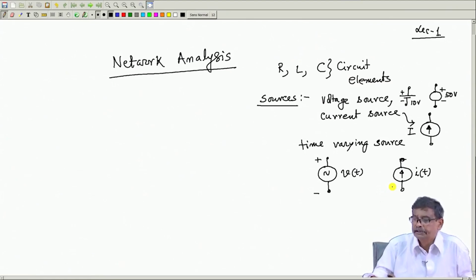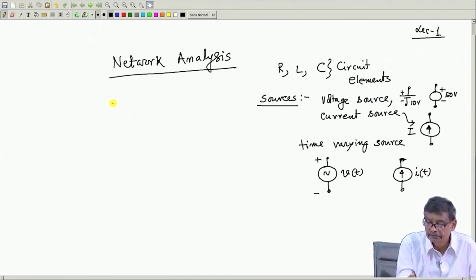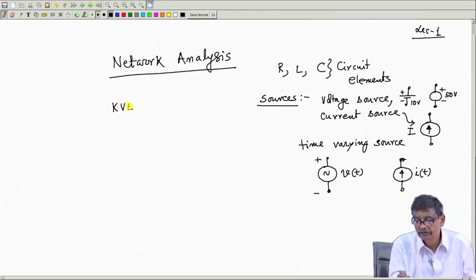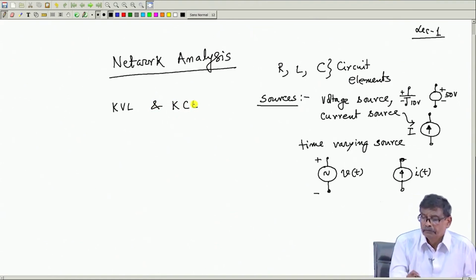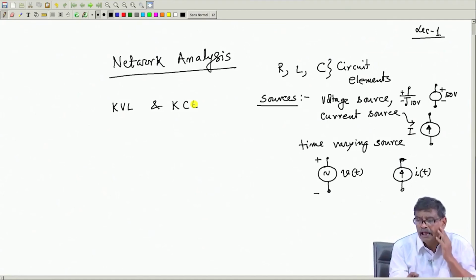The essential thing to solve any circuit problem centers around two laws. One is called KVL, Kirchhoff's voltage law, and the other KCL, Kirchhoff's current law.